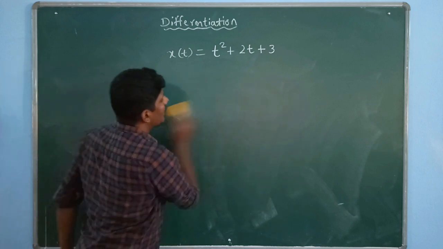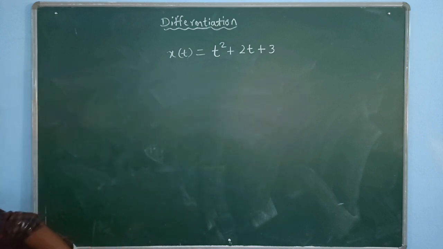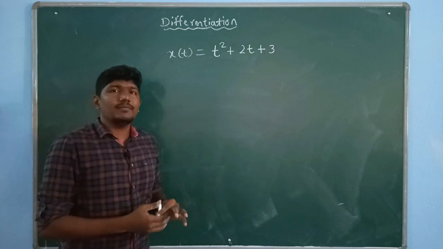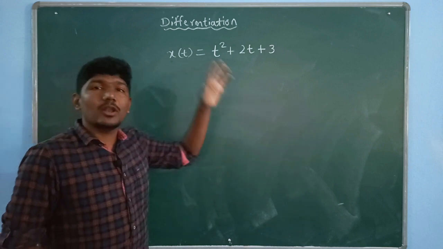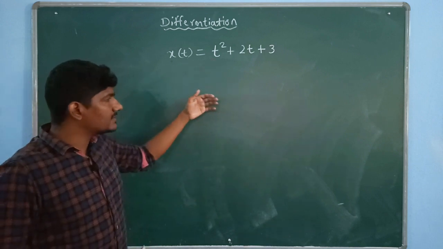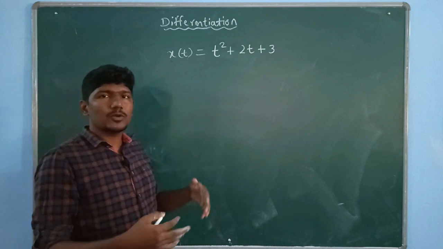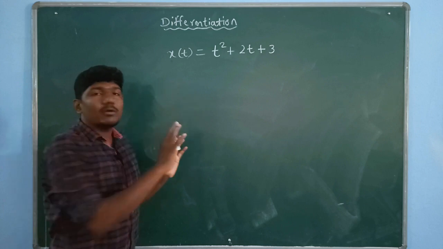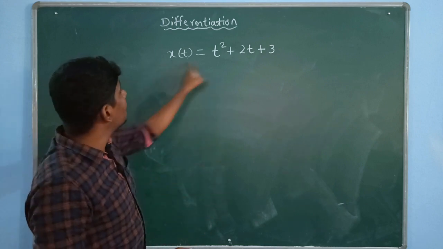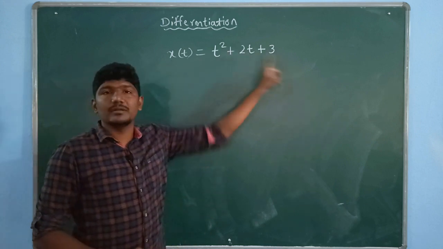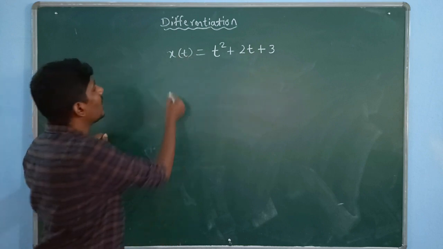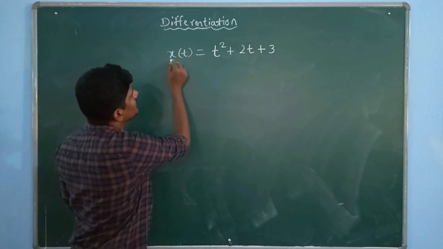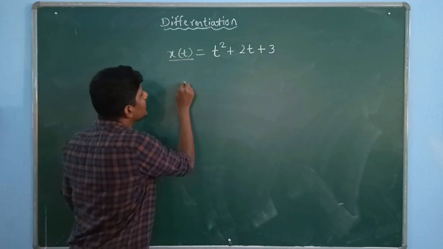Okay, now next point. Without using a graph, how to find velocity? In the first part we have seen, using the PT graph, how to find velocity using slope and all. But here we don't have any graph, but we have one equation, a function is given. So using that function, how to find the velocity? It is very simple.